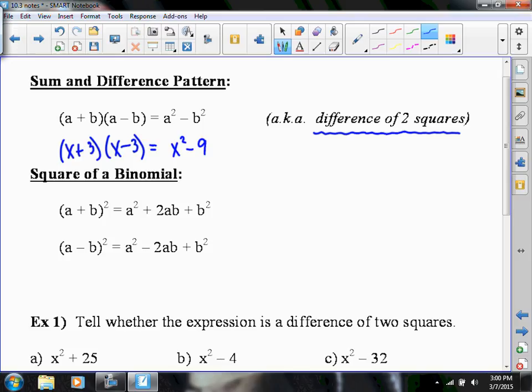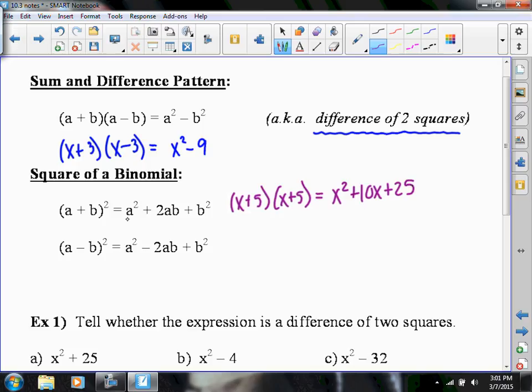Okay, for our square of a binomial, we also took a look at those. We had x plus 5 times x plus 5 on the previous page, and we got x squared plus 10x plus 25. So like I said, we had double that number in parentheses.